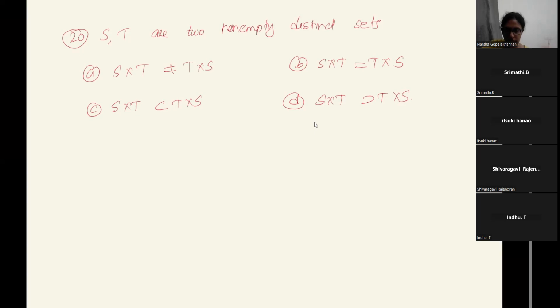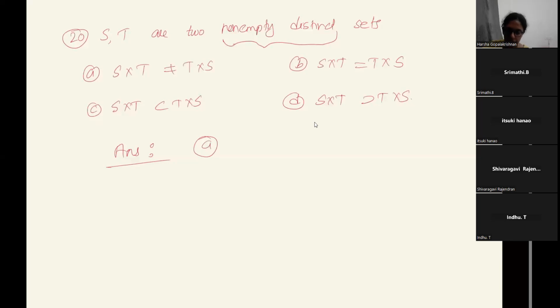Because here, what is the answer? Can anyone answer this very simple question? What is the answer here? A. Yes, A is the answer. Because in general, S cross T and T cross S are different. Because S and T are distinct, and non-empty is also taken. These two conditions really play a role for option A to be correct, because in other cases, another option can be correct.